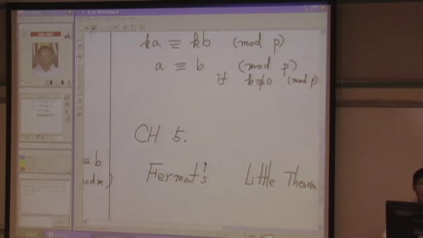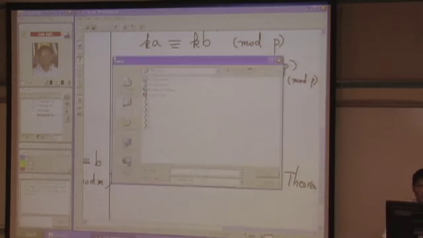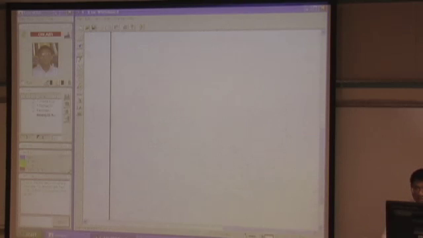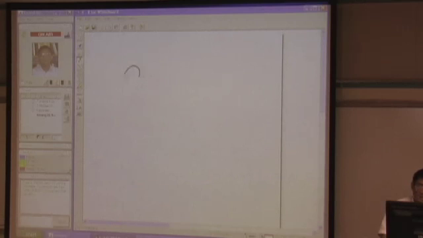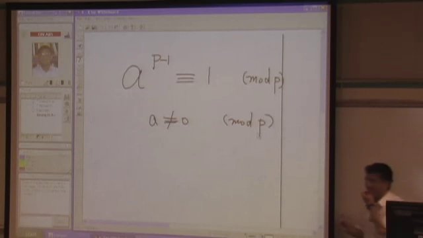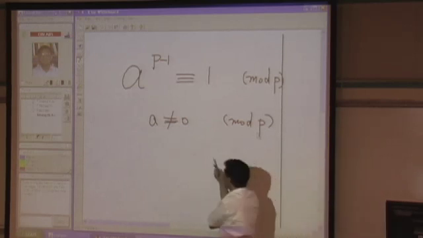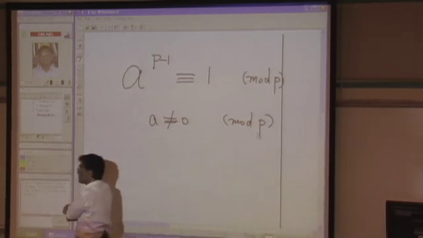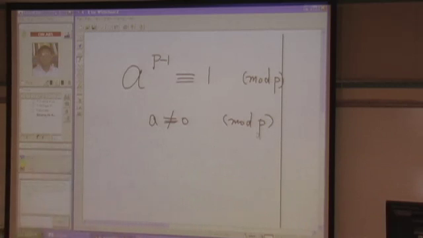Fermat's little theorem is this one. Assume that we have a to the power of p minus 1 with p prime, then it is always congruent to 1 mod p unless a is 0. Of course, if it's 0, then 0 is 0, right? So assume that a is not congruent to 0 mod p. Then a to the power of p minus 1 is congruent to 1 mod p.